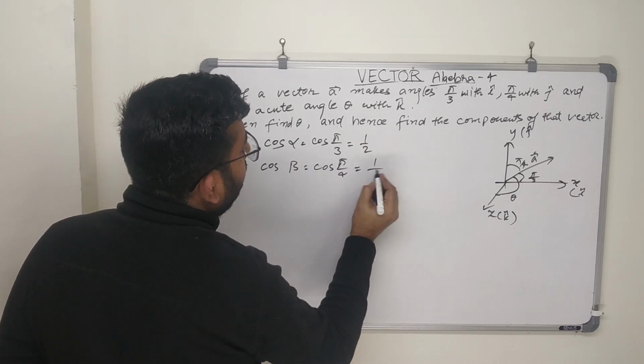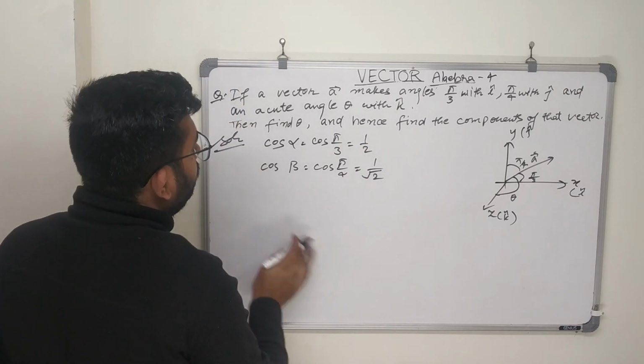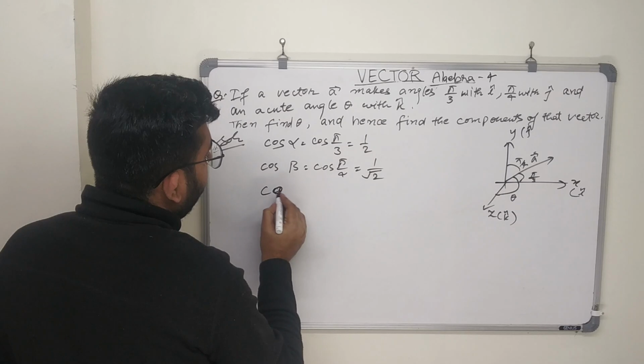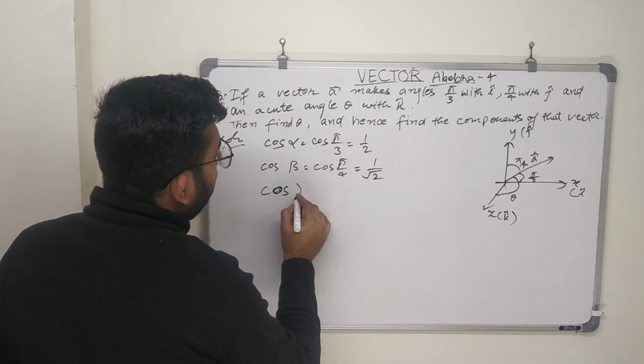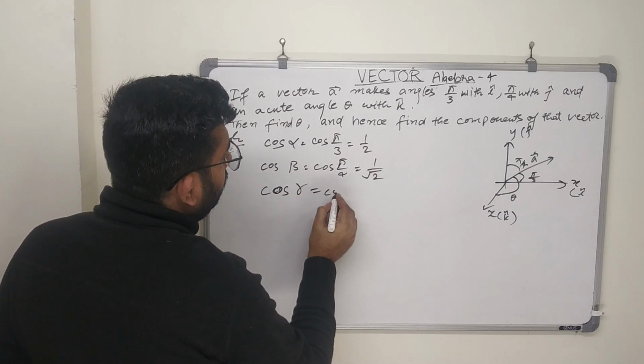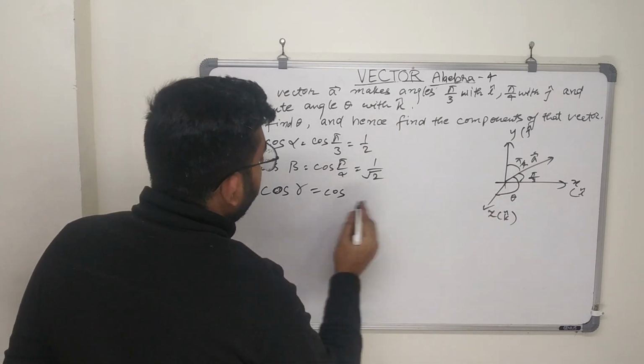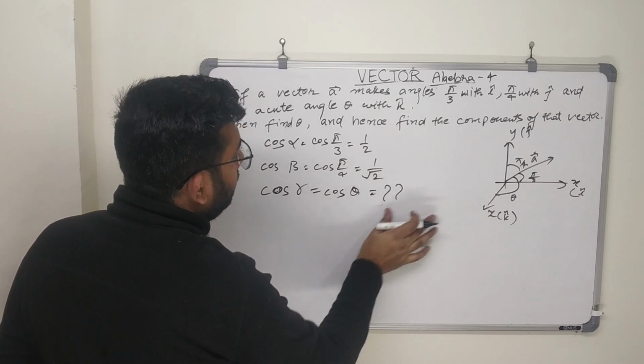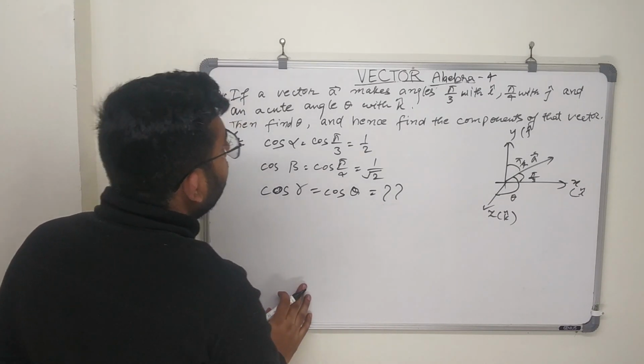This is equal to 1 upon root 2. So now cos of gamma is equal to cos of theta, which is not given and it is needed to be found.